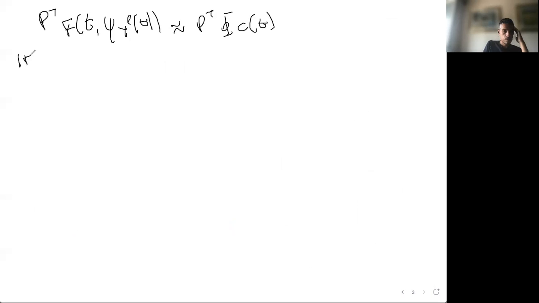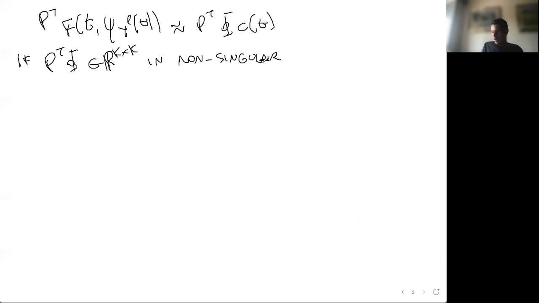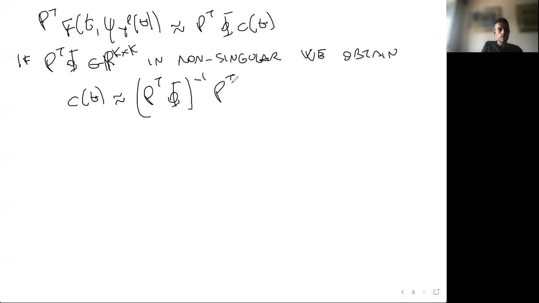If P transpose phi, which is a matrix k by k, is non-singular, we obtain that c(t) can be (P transpose phi) inverse P transpose F(t, psi y_L(t)).